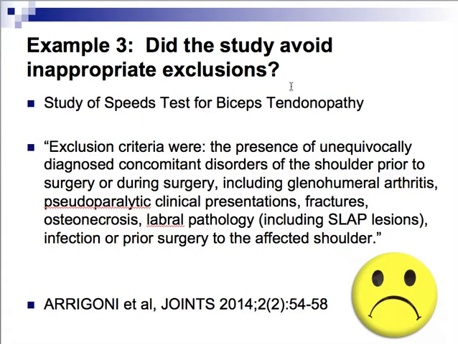So this may be an example of too many exclusion criteria to make the sample useful or comparable to other competing diagnoses that you may want clinically, especially the labral pathology. It's typical for us to try to distinguish between biceps tendinopathy and labral pathology.